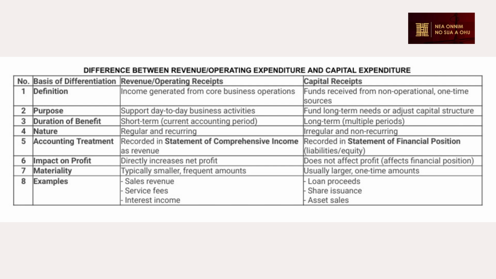Regular and recurrent. So for instance, if you are into the sale of goods, in a month, you may sell multiple units of the goods to your various customers. And it's a thing that has a certain regularity to it throughout the accounting period. But when it comes to capital receipts, they don't have that regularity and they are not recurring. They are not frequent.